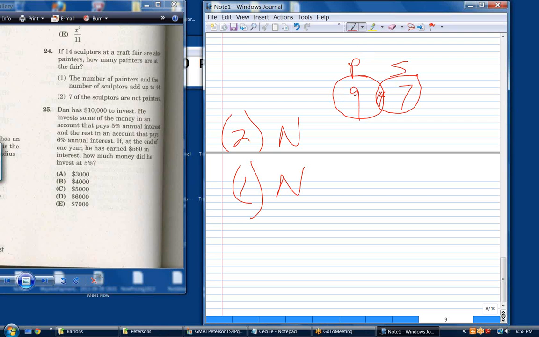No, the number of painters and the number of sculptors adds up to 44. I didn't do that right. 21 and 44, this would have to be 23.